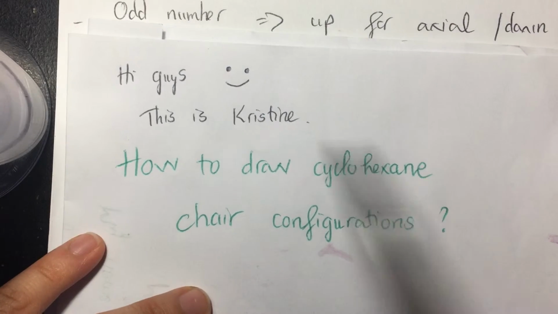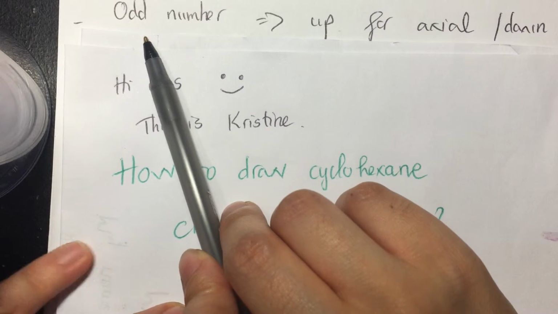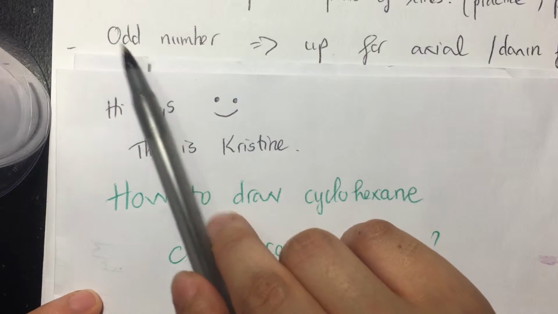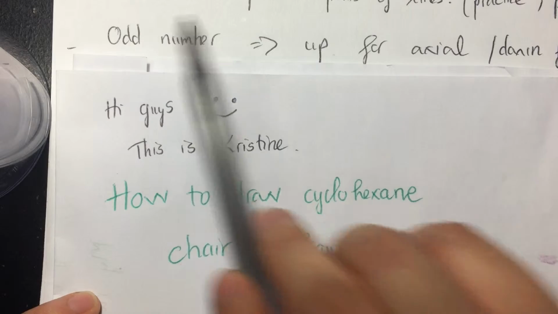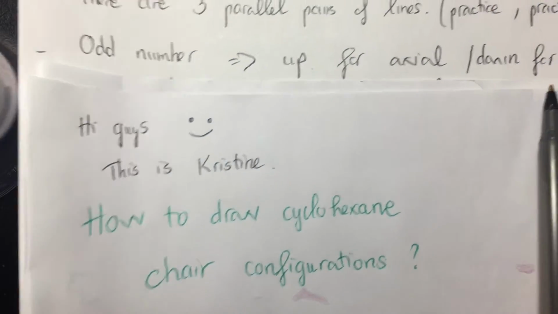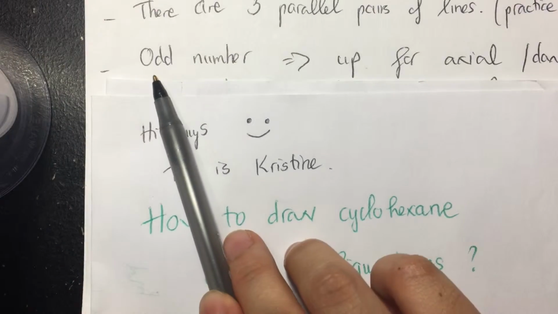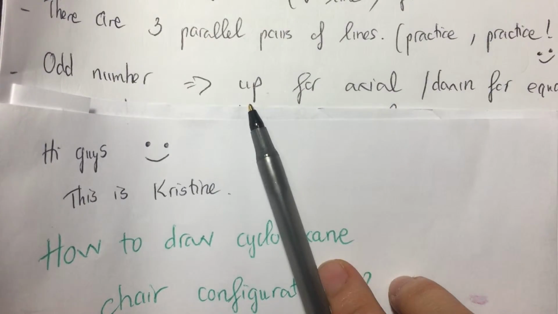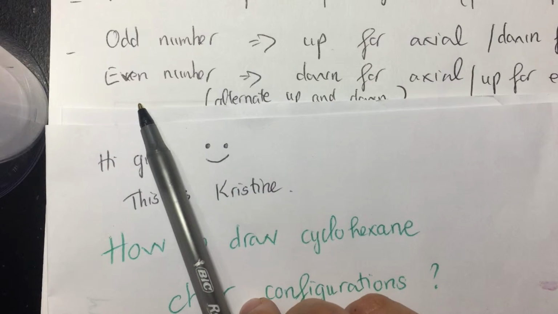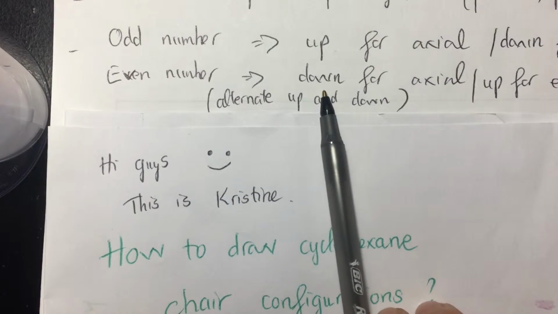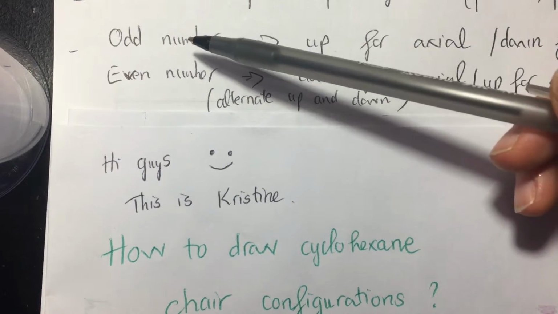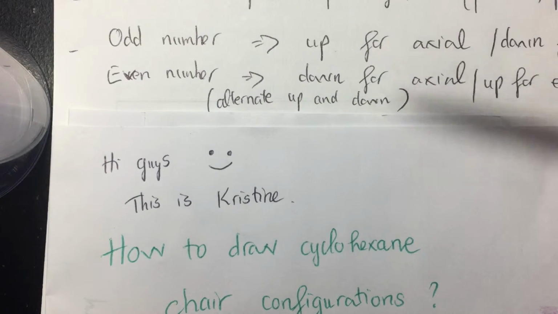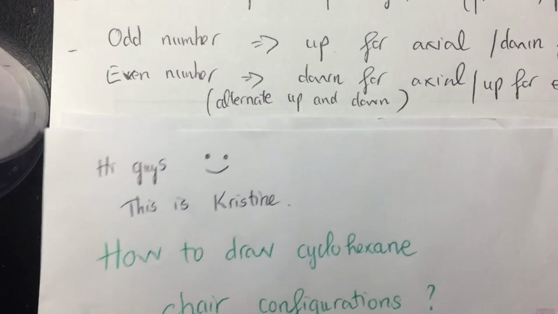I would also recommend that you put numbers on your chair configuration in order to know how to draw the axial and equatorial lines. For the odd numbers, the axial line is always up. For the even numbers, the axial line is always down. So it alternates: up, down, up, down, up, down.